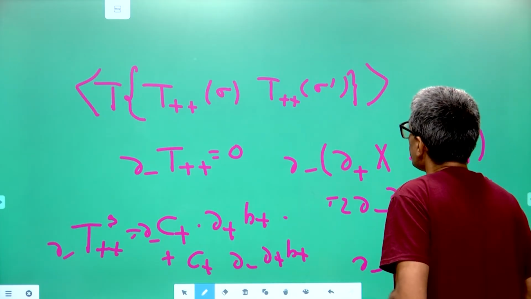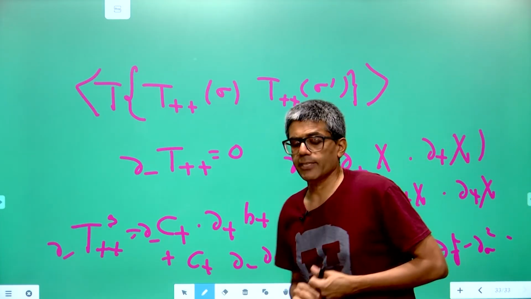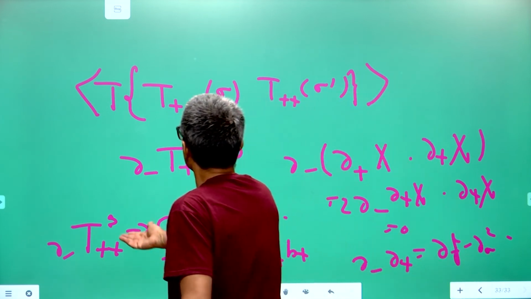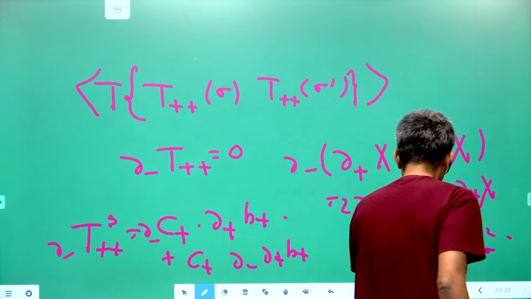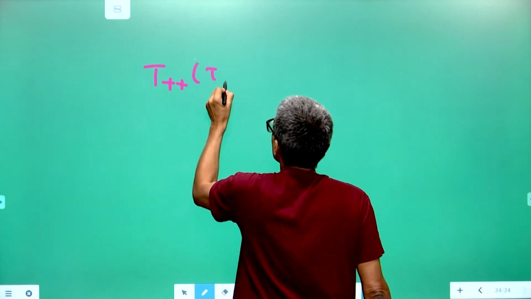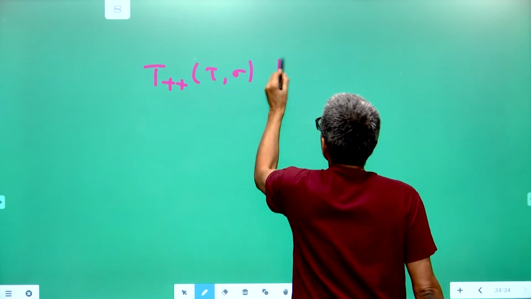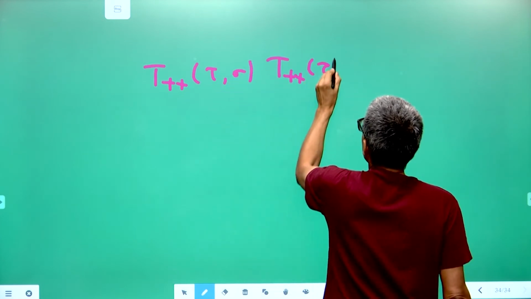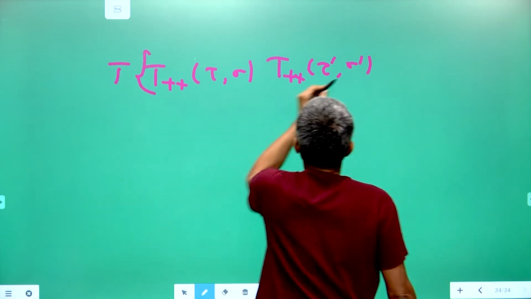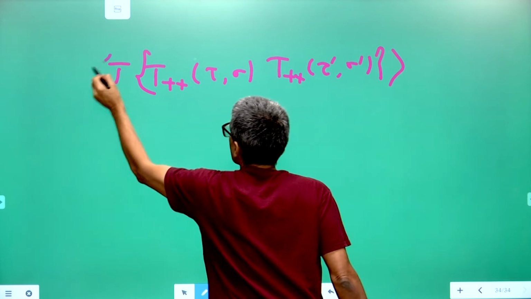But what will happen is we will see that when it interacts with gravity and you take the quantum expected values, then this conservation law is also violated. So these are anomalies. So how do we compute them? For example, you look at T plus plus at tau sigma and T plus plus at tau dash sigma dash, and you take the time ordered version of this and take the vacuum expected value of this. What is this equal to?